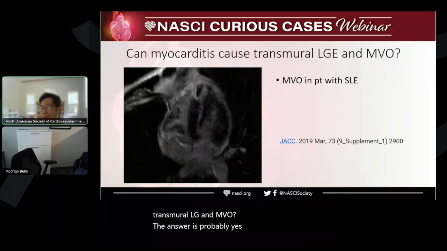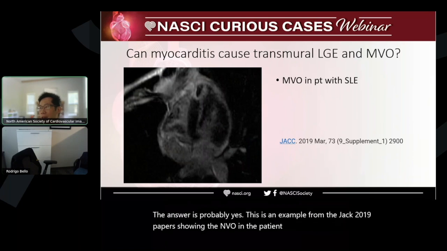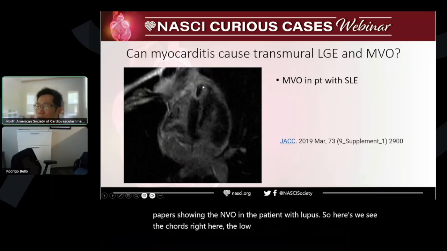This is an example from the JACC 2019 paper just showing the MVO in a patient with lupus. Here we see the core, the low signal intensity core in the apical septal wall, as you see on this PSIR pulse sequence, and there's enhancement around the core.